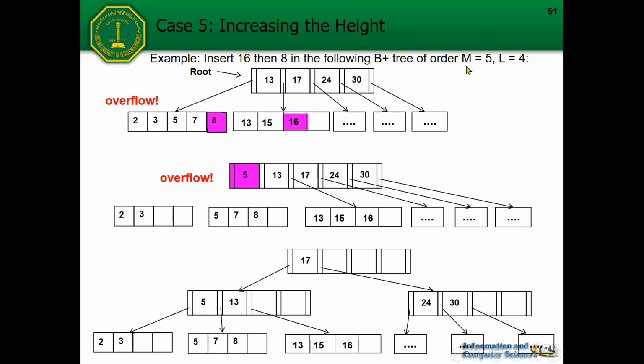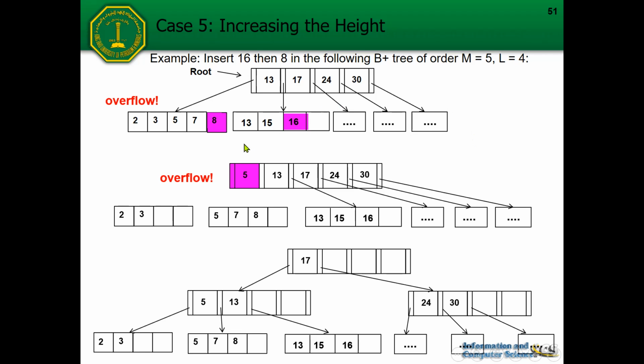Because M is 5, there can be only M minus 1 keys, which means there is overflow for this root. So again, we need to split this node into 2, then promote one value to the upper level.